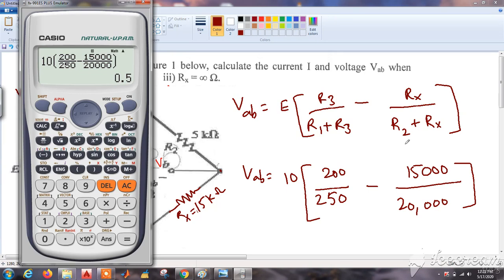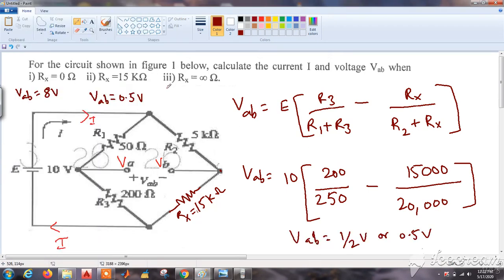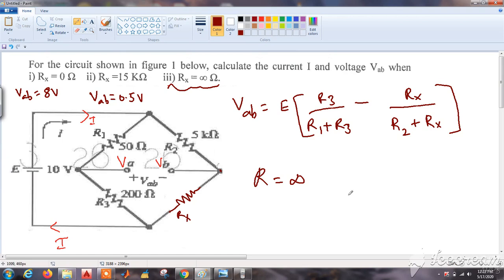Now let us move on to the third case where Rx is infinity. Infinity resistance means the current cannot pass through it, because it has such a very high value of resistance that the current cannot pass through the wire. So if current cannot pass through the wire, current is 0. That is, this behaves as an open circuit condition.